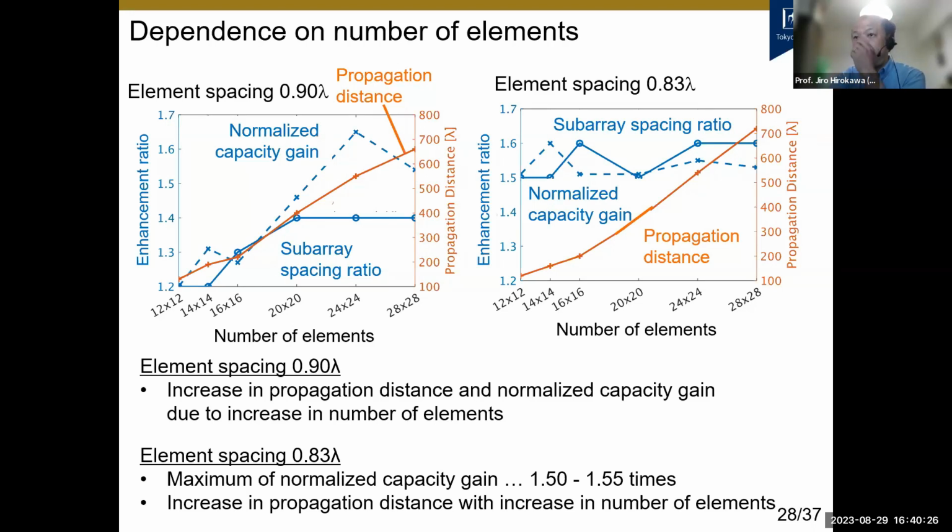On the other hand, for the element spacing of 0.83 wavelengths, normalized capacity gain is almost constant, independent of the number of elements. Only the propagation distance increases with the number of elements.